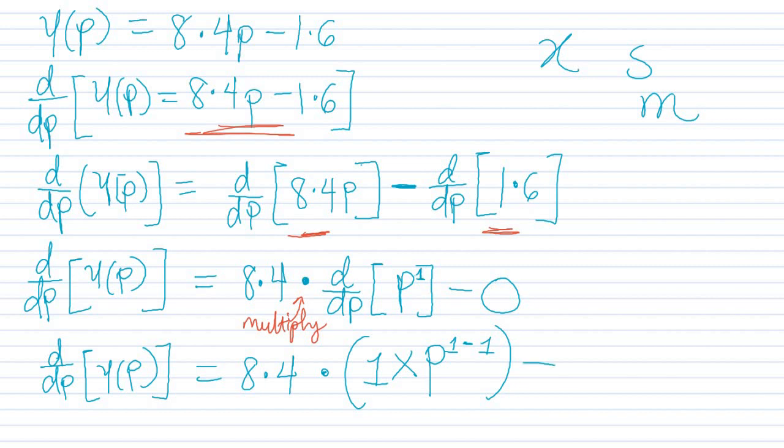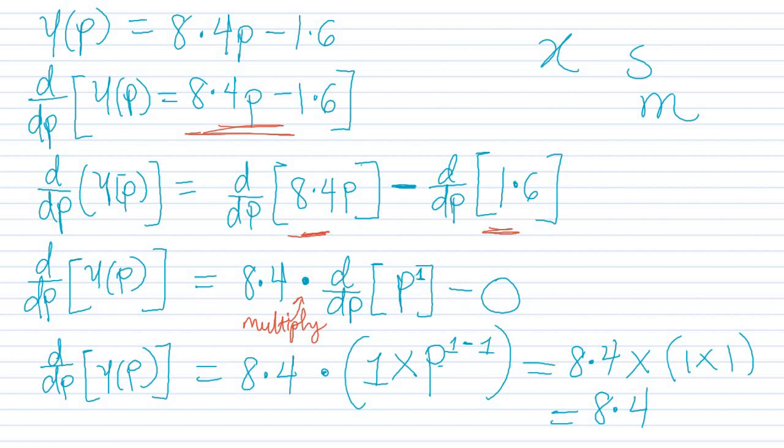So your answer ends up being 8.4 multiplied by 1 times p to the 1 minus 1, which is 0. P to the 0: anything that is a variable or a constant raised to the power of 0 is always going to give you 1. So that's the same thing as 1 times 1. And 8.4 times 1 is the same thing as 8.4. So this is your answer.